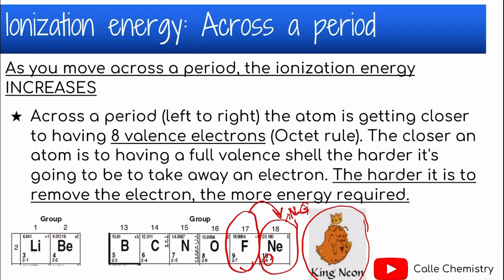All right, so going back to ionization energy, it increases because fluorine is one step away from being like royalty, which is right here, king neon. It's going to give a very tough time for anything that is trying to take away its electron. That's why ionization energy is increasing across a period.